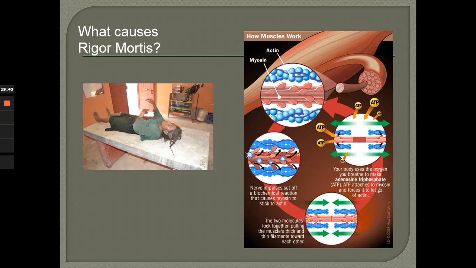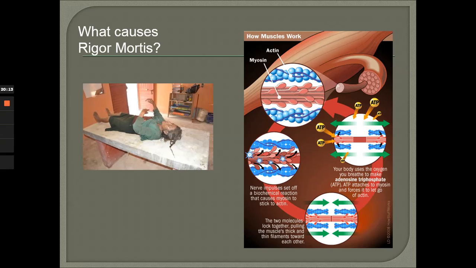The second was that we needed the ATP in order to unbind the heads. And then we need ATP in order to shuttle the calcium ions back into the sarcoplasmic reticulum. So from what you know now, if there's calcium out there, you're going to have a muscle contraction.